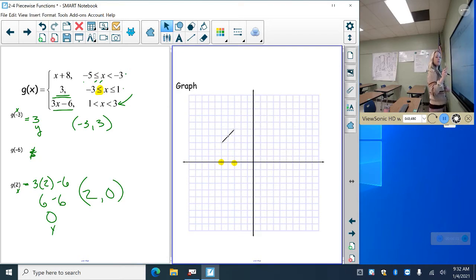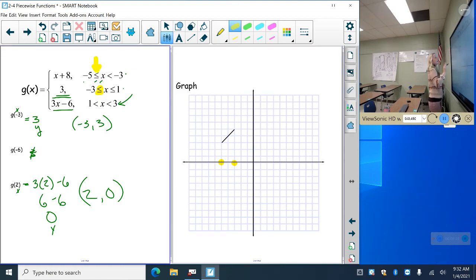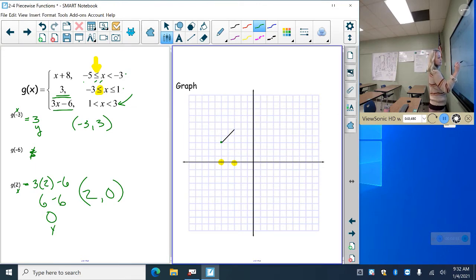And here's what you have to remember. Since that is an equal to sign, this one over here has to be a closed dot. Since this is a less than sign, this one here has to be an open dot.